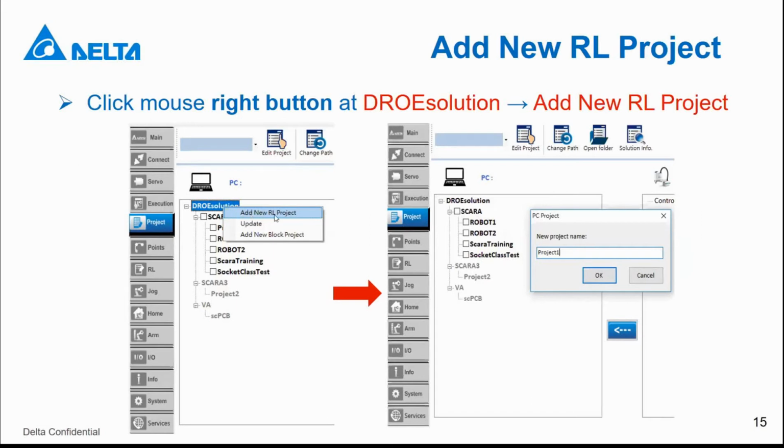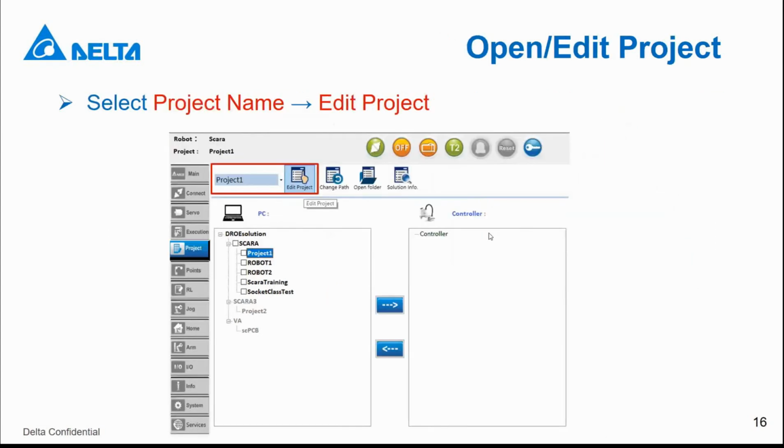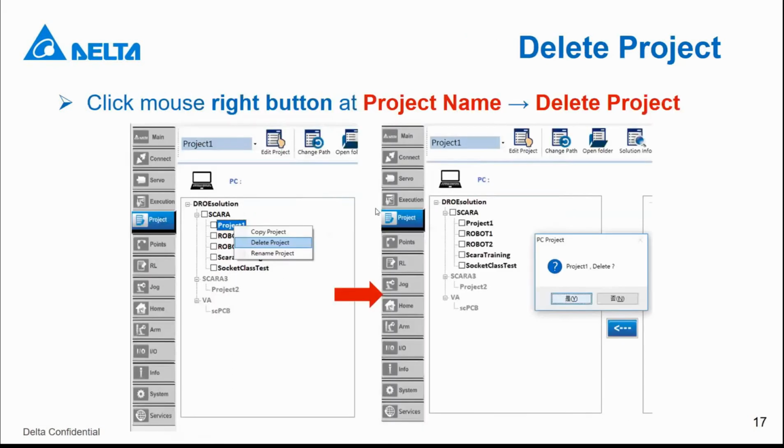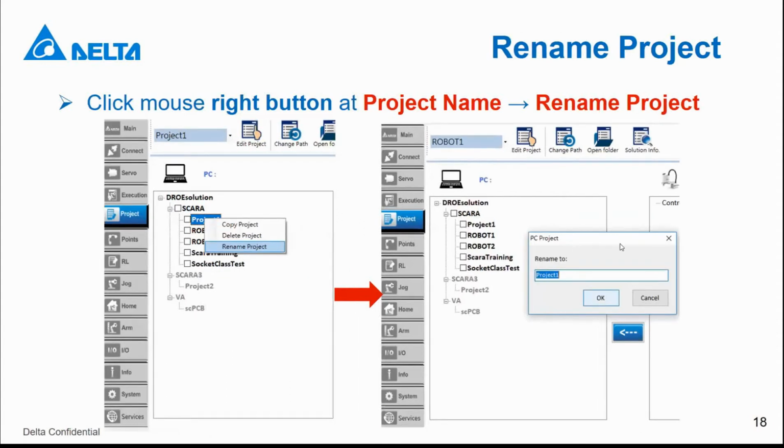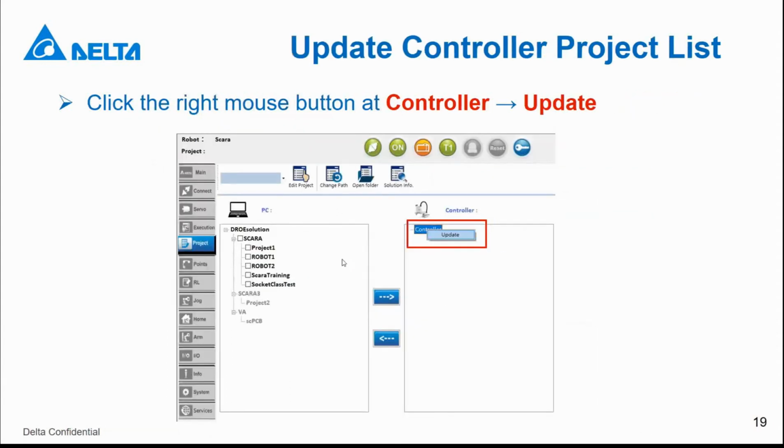Then you can add a new project and name it. And of course, you can also choose the project to edit, delete the project and rename the project. And also in the end, when you are done with programming or commissioning, you can upload to a controller, then the robot will run the project by itself.